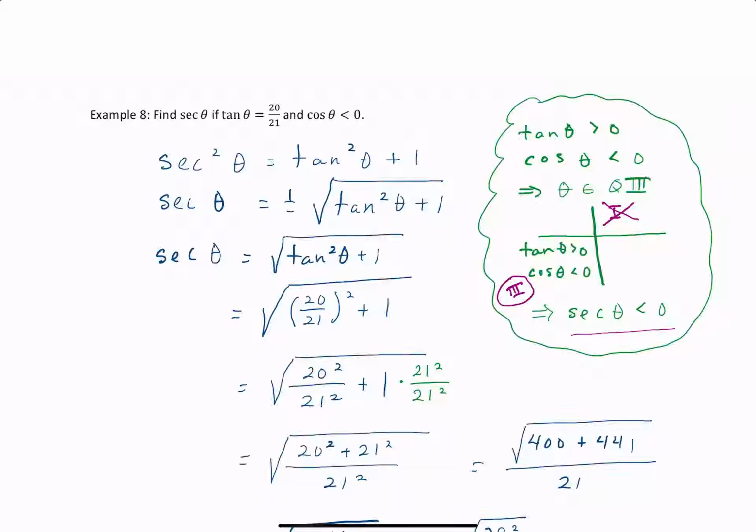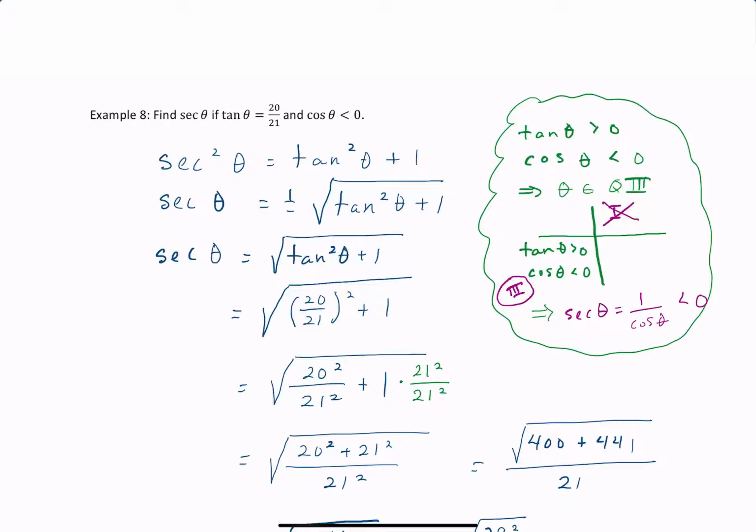By the way, in this particular problem, I really didn't need to figure out exactly what quadrant theta is in. Just knowing that cosine is negative actually gives me that answer, because the secant is 1 over the cosine, and if cosine is negative, then the secant would be negative as well.